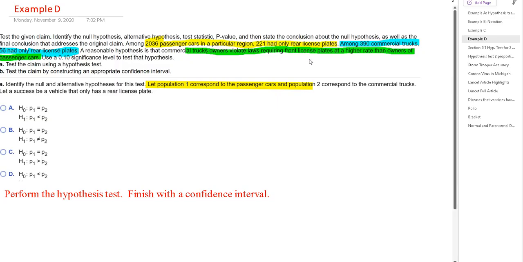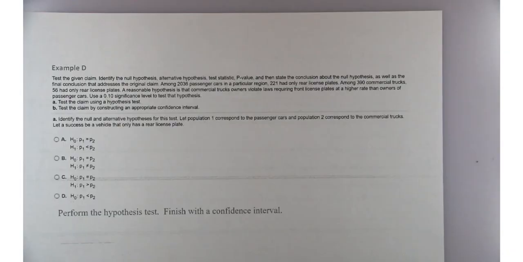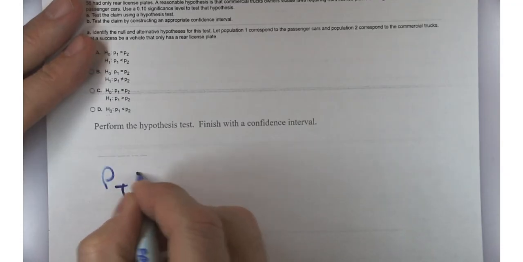This is going to be a test about proportions. The reason I'm mentioning this now is because later on, when we've accumulated more hypothesis tests, you're going to have to look at this and decide which one you're testing. It's not saying anything about how spread out the data is or the variability, so it's not standard deviation. It's not a claim about a mean, but rates and proportions can be thought of as more or less one and the same. So this is going to be our original claim, that P sub T is greater than P sub C.